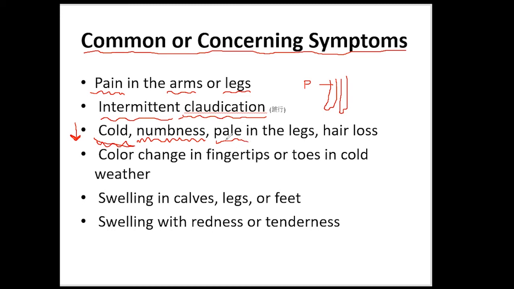Still, not enough blood goes to the local leg, and not enough red blood cells and hemoglobin are there. That's originally where our blood color comes from. And hair loss, from poor nutrition.